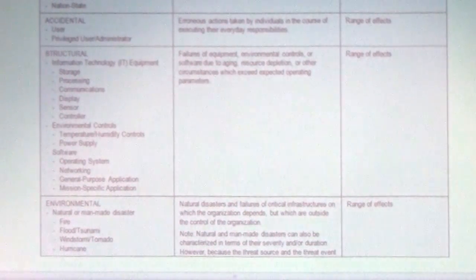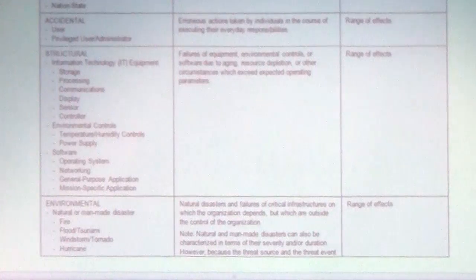Especially if our equipment's old or we're using a lot of legacy equipment and software, that can be a threat in itself, and probably is. We've got environmental problems. Maybe we can't keep our computer operations center at the appropriate temperature because the building's old, who knows. And then of course we have our environmental issues: fires, floods, earthquakes, those sorts of things.